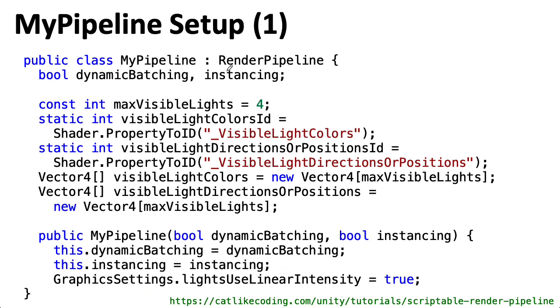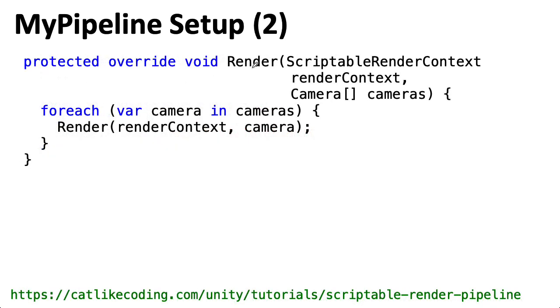So what good is a render pipeline if it can't render objects? To describe how we want to render objects, we want to override this render method. There's an assumption that there might be multiple cameras, so there's a camera array passed in here, and all we're going to do in this particular method is loop through all of the cameras and then run another render method that has a single camera in the second parameter.